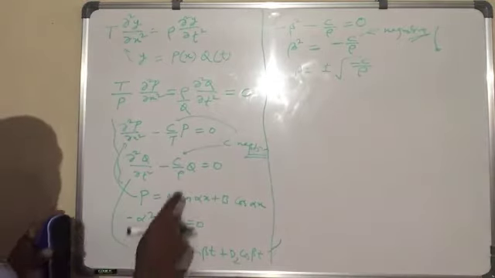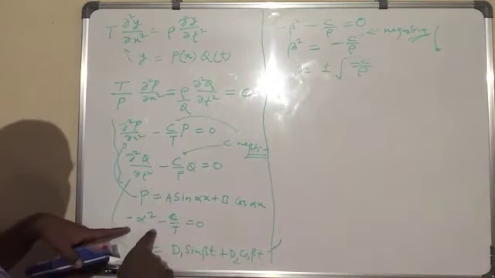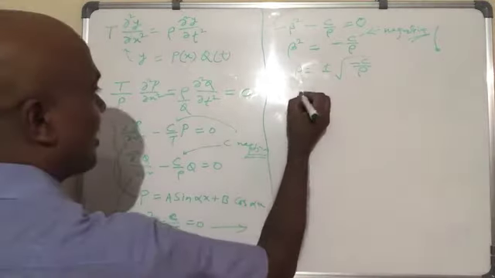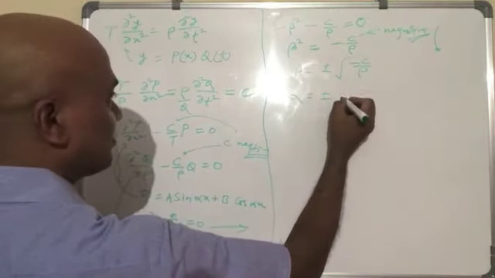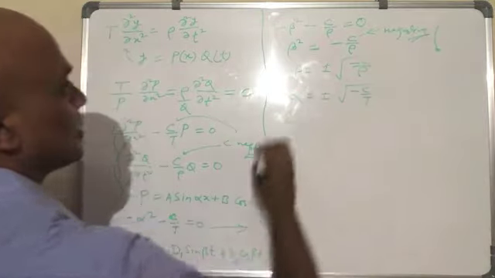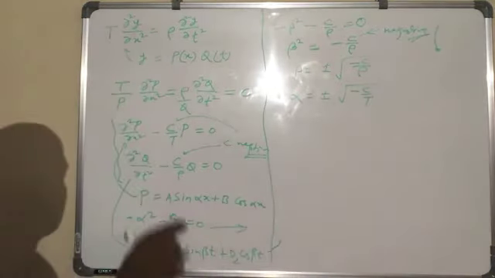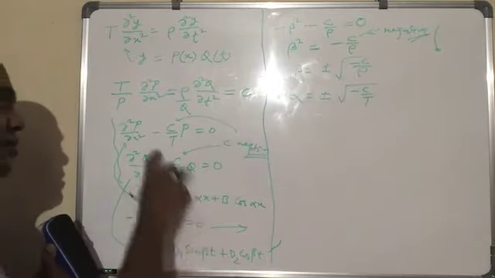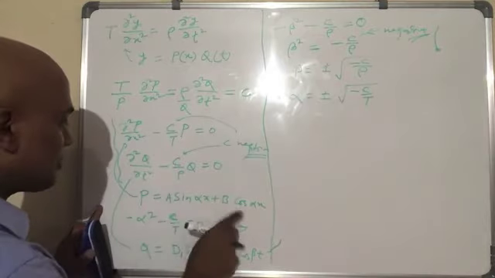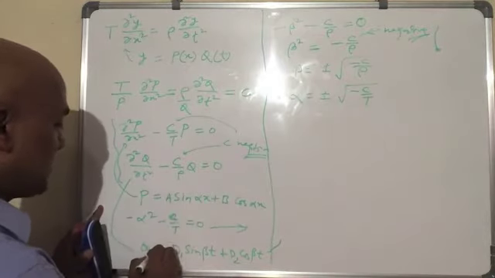And similarly for this also. If C is negative, then we get alpha equal to plus minus root minus C over T, like this one. So in both the cases, sinusoidal is the solution. Hence the general solution will be given by P times Q, right?